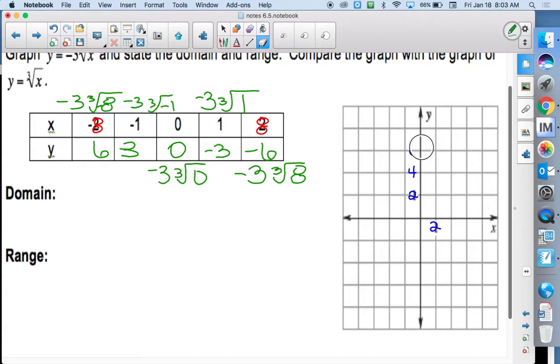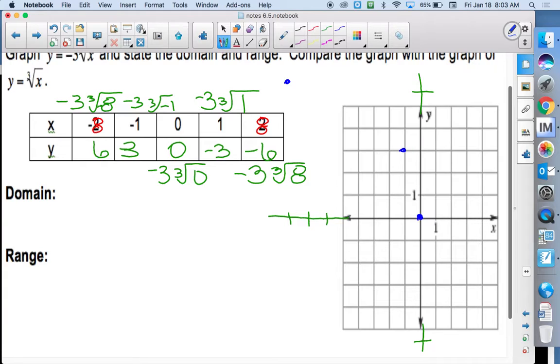So the last graph, we just added some extra tick marks, which is totally fine. Add a couple extra tick marks. Make the graph work. So -8 up to 6, -1 up to 3.